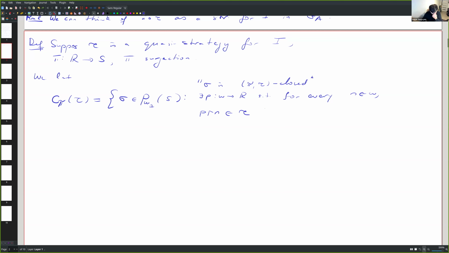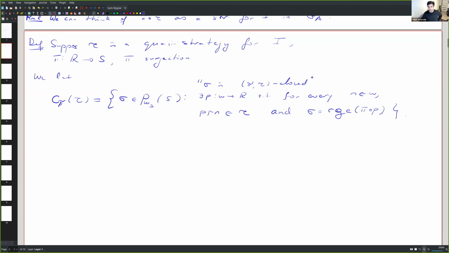So you're staying within tau, and your sigma is the range of pi composed with P. So you can write sigma as an output, as the sort of thing that players 1 and 2 are trying to build, right?